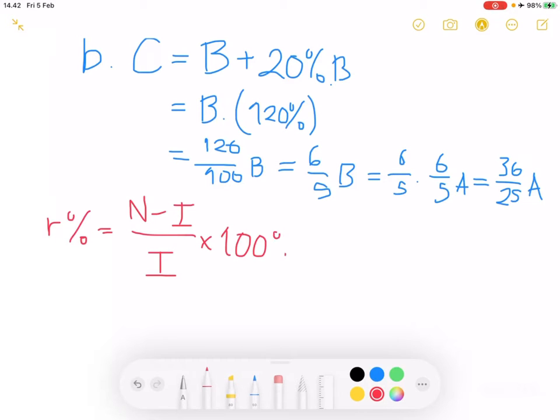Notice I just changed the variables a bit, so it doesn't really matter. So our new value is just C, which is 36 over 25 of A, and our initial value is just A, and this is over A, and then we need to multiply this by 100%.